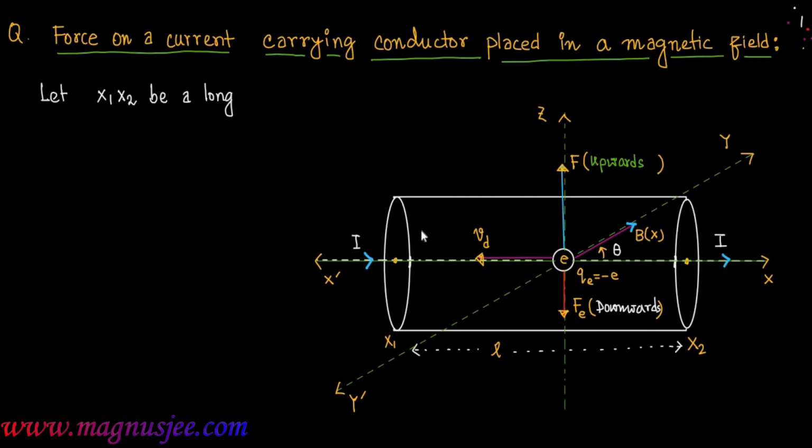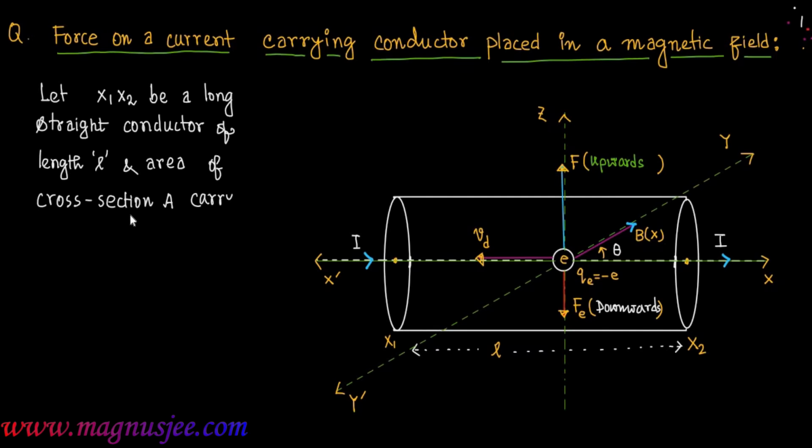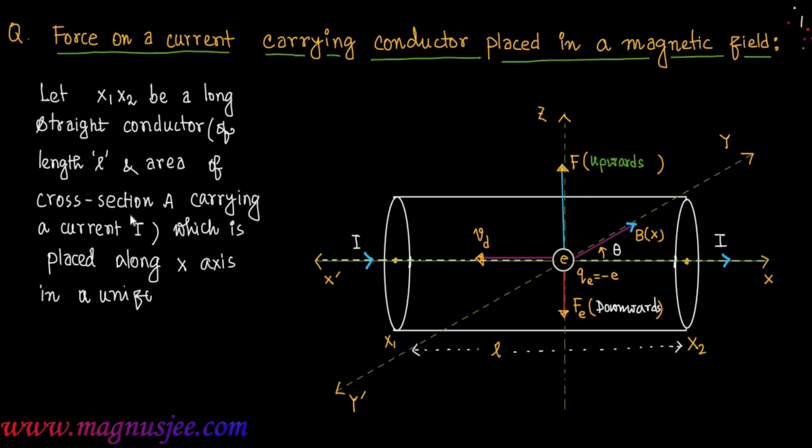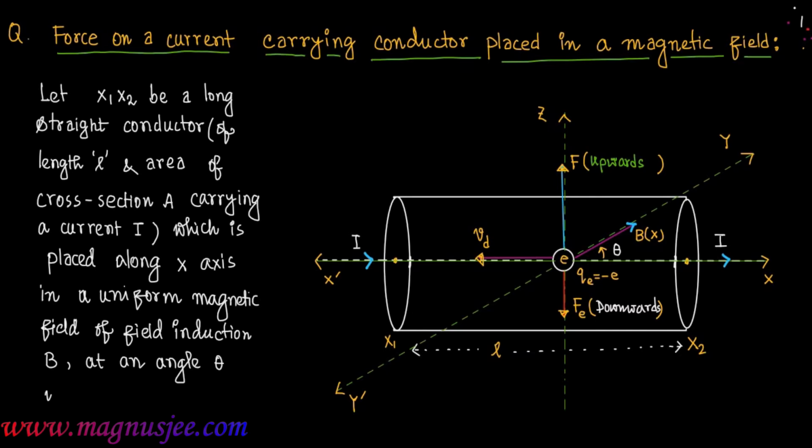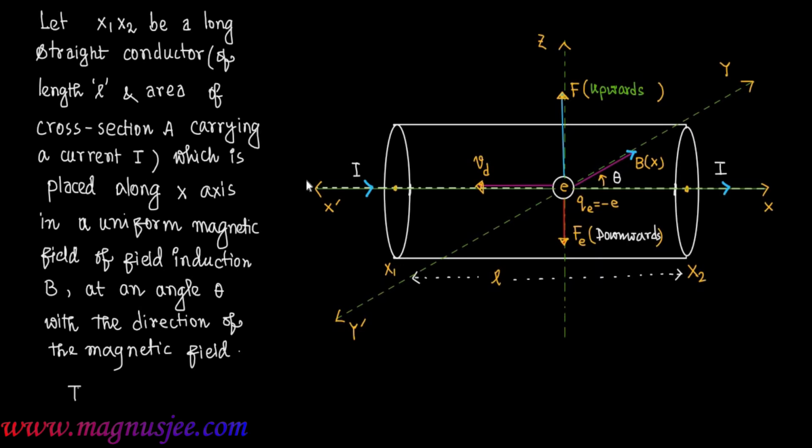Let X1, X2 be a long straight conductor of length L and area of cross section A, carrying an electric current I, which is placed along x-axis in horizontal direction, in a uniform magnetic field of magnetic field induction B at an angle theta with the direction of the current.